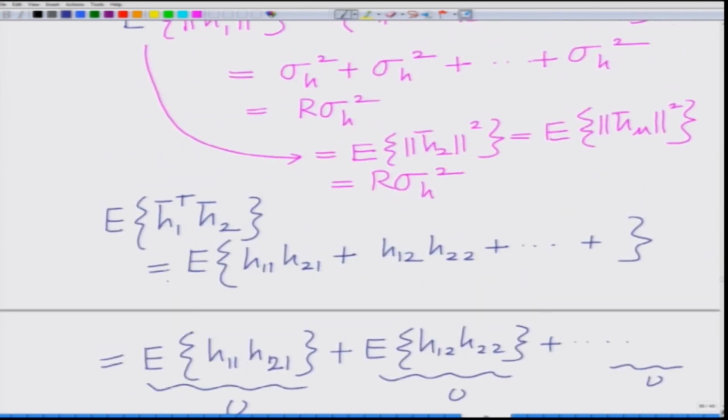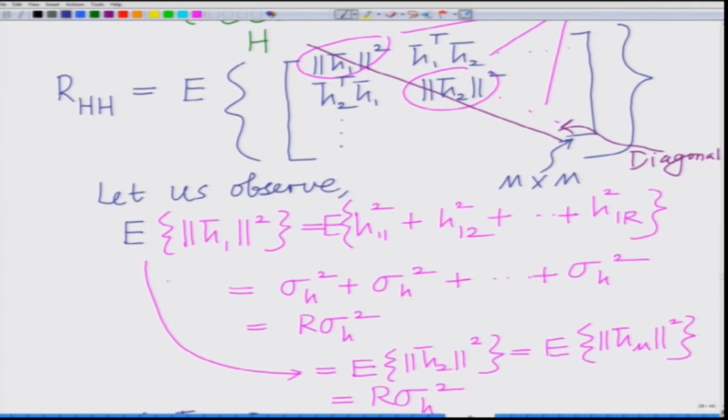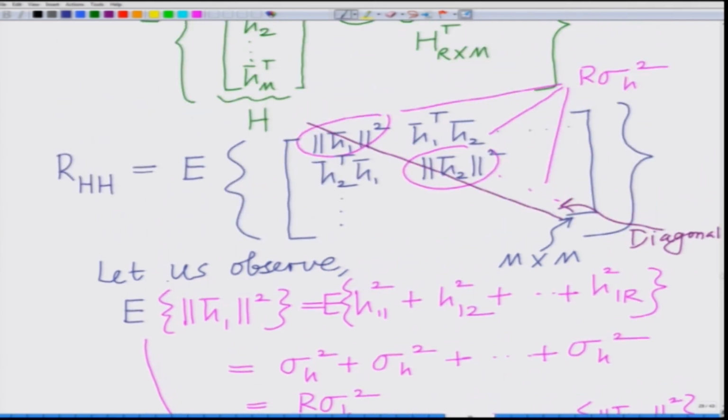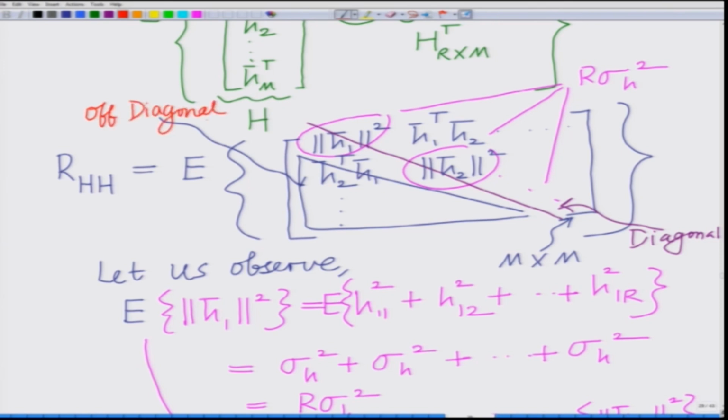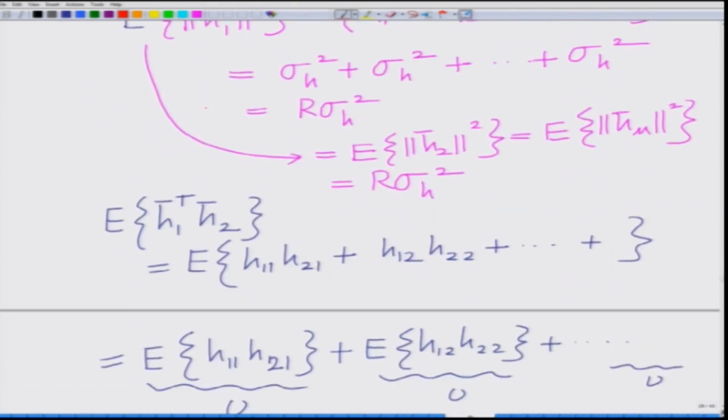So, what you have net is that all the diagonal entries are equal to R sigma H square, and all the off diagonal entries in this covariance matrix are 0. That simplifies our covariance matrix.